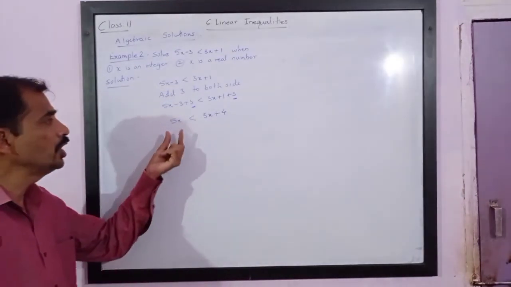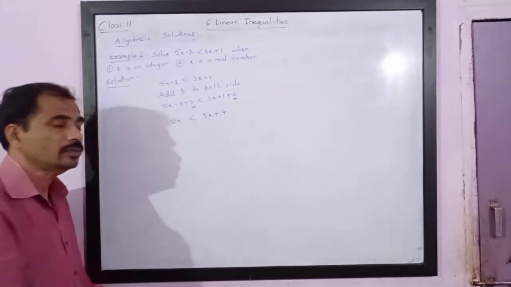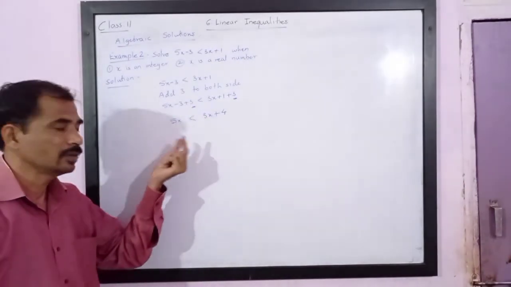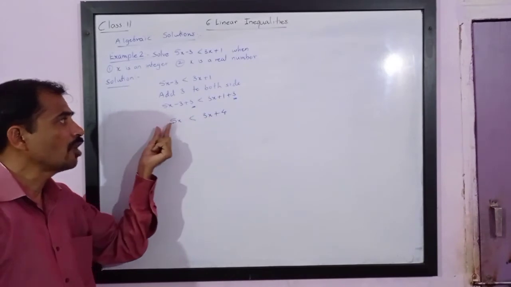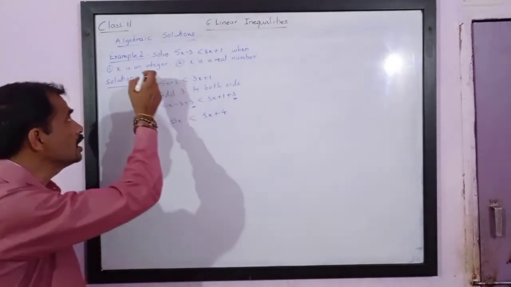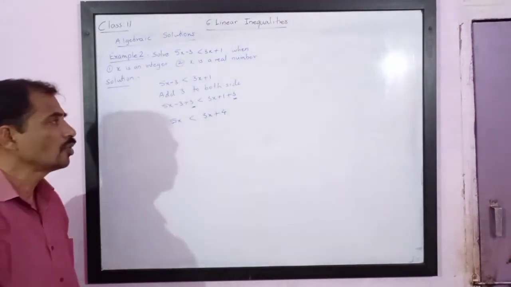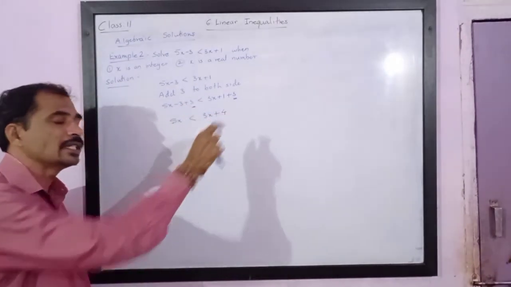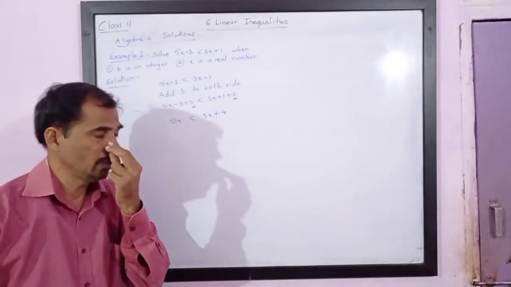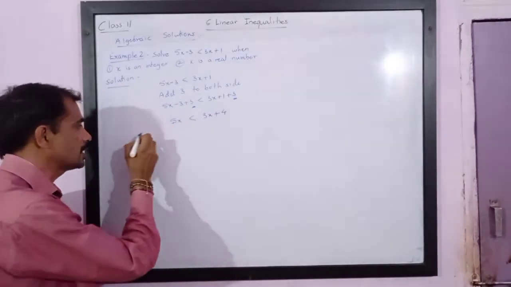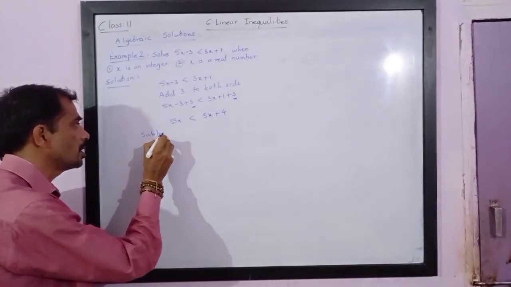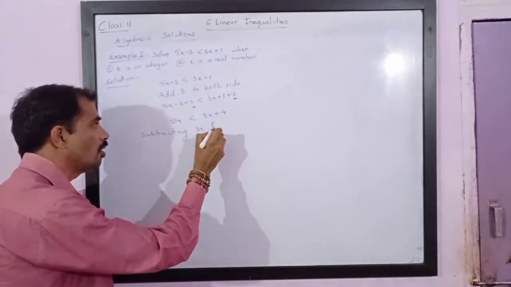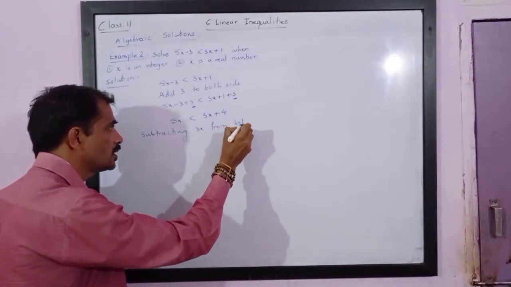Now we need to reduce this x term. We have already studied, if we subtract 3x from both sides, please note x is an integer or a real number, so whether it is a positive or a negative real number, we can subtract without changing the sign of inequality. So subtracting 3x from both sides.